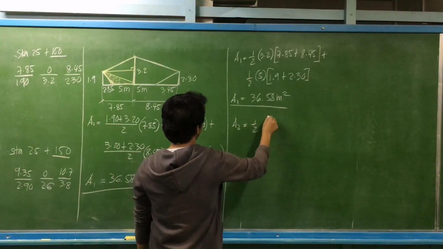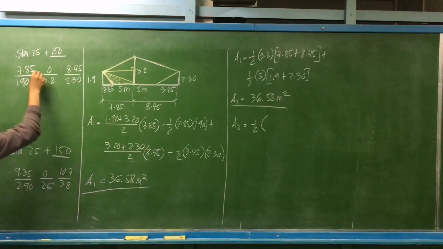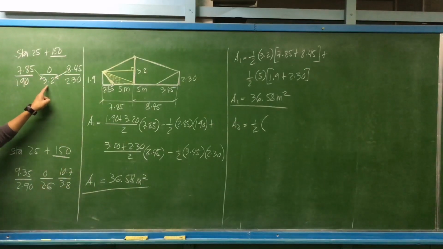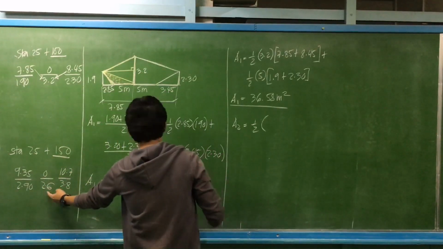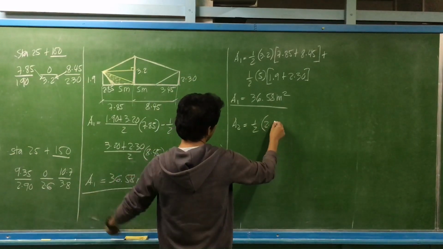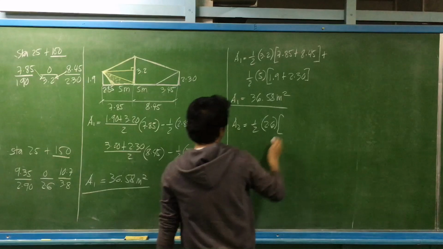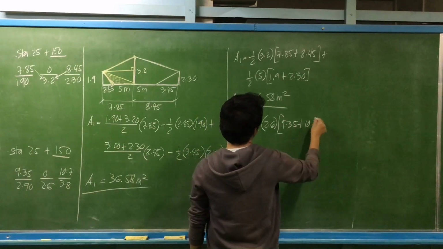So this is 1/2 of the center height at the bottom, 2.6, times the two values on top, 9.35 plus 10.7.